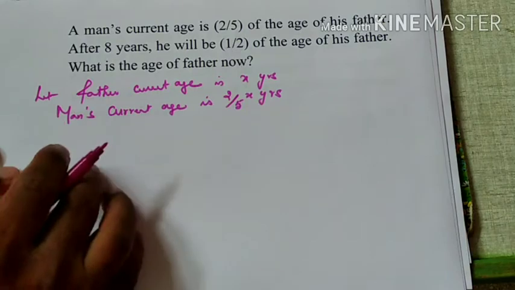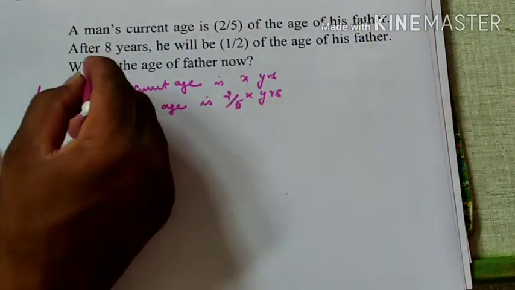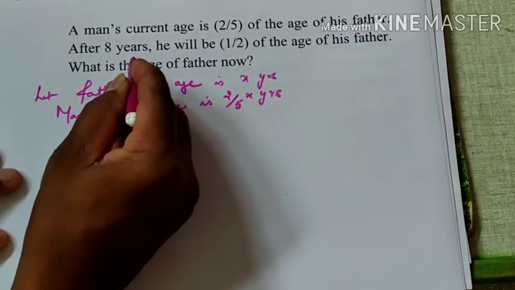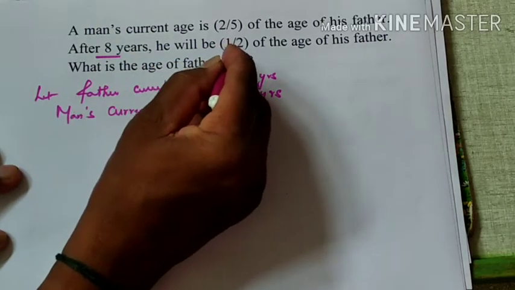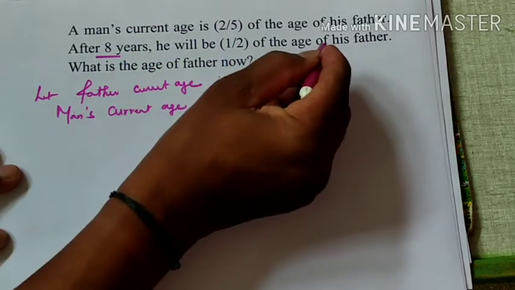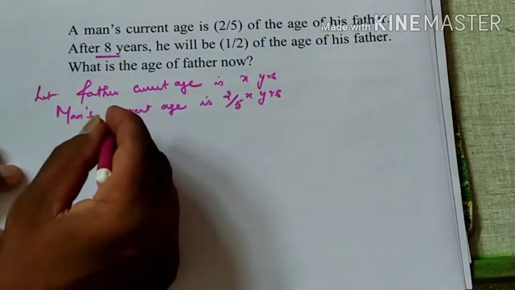Now after 8 years, he will be 1 by 2 of the age of his father after 8 years.